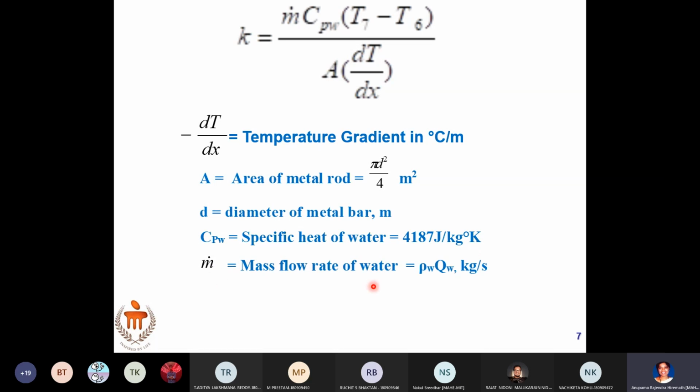M is the mass flow rate of water, found by density of water multiplied by Qw, in kg per second. Volumetric flow rate is what you are going to find from the experimental setup. You know the density of water, which is a standard. So using these two values, you will get the mass flow rate of water.